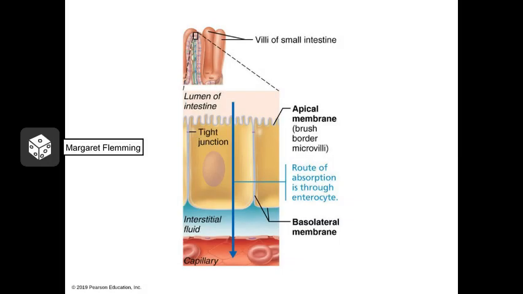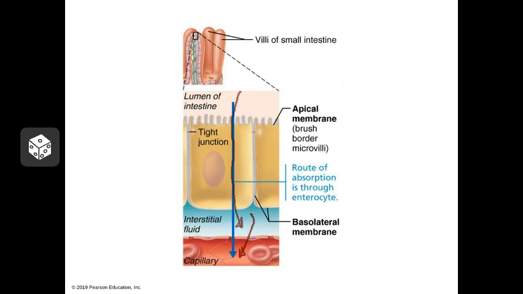In summary, the vast majority of the absorption of our nutrient molecules, which are all solutes, occurs from the lumen of the small intestine, across these hepatocytes into the interstitial fluid, and from there into the capillary.